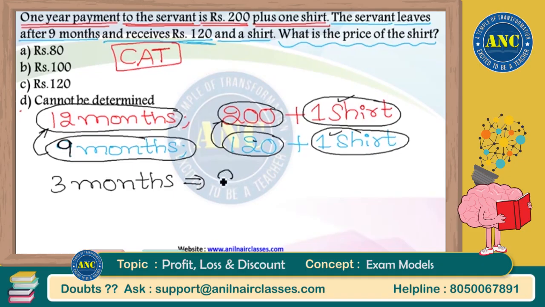That means for 3 months, my salary is 80 rupees. If it is 80 rupees for 3 months, for 12 months, how many rupees? 3 into 4 is 12. 80 into 4 is 320 rupees.